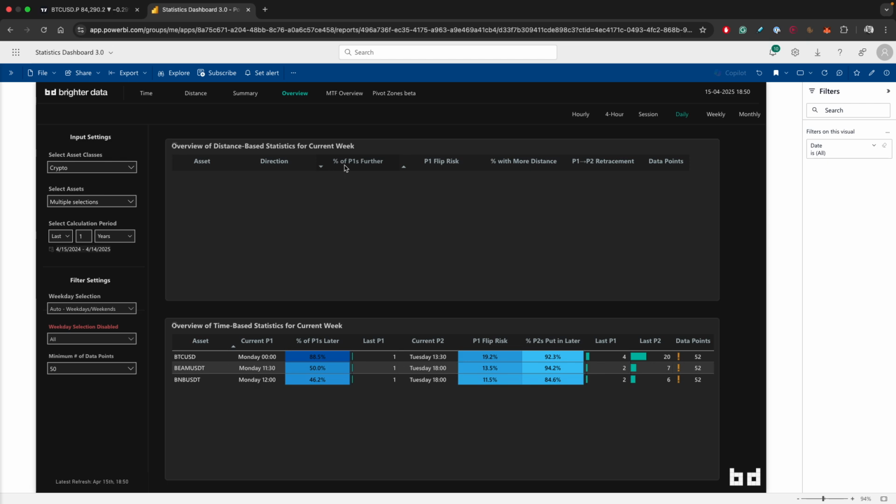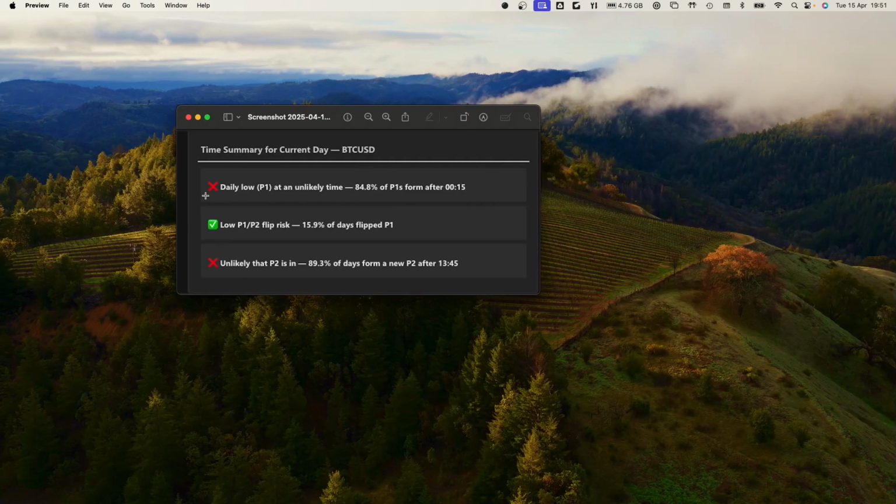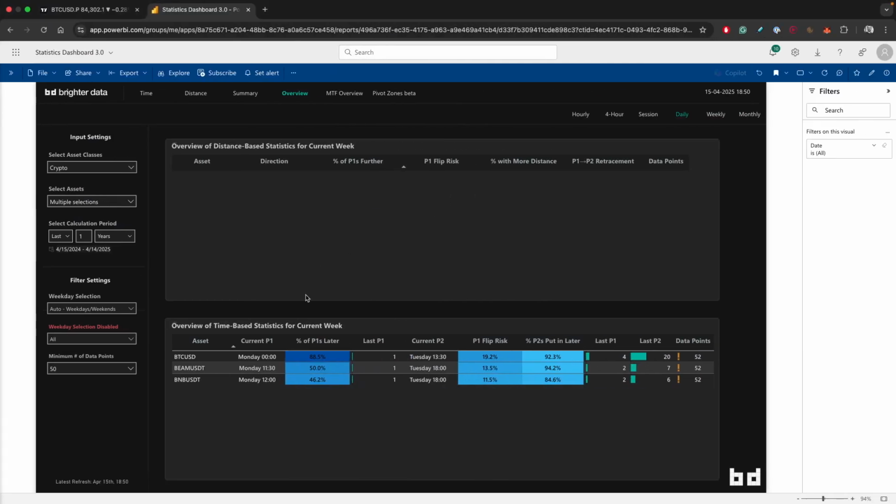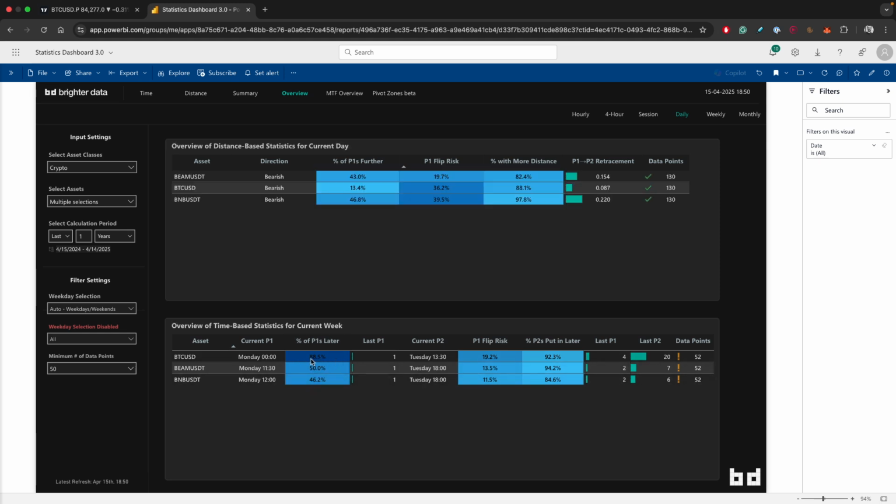All right. So the percent of P1s further is this metric. Only then for distance. So the first one is this 1% of P1s later, actually. So what this is showing is what we already knew. This is the weekly time frame, it's now loading the daily.